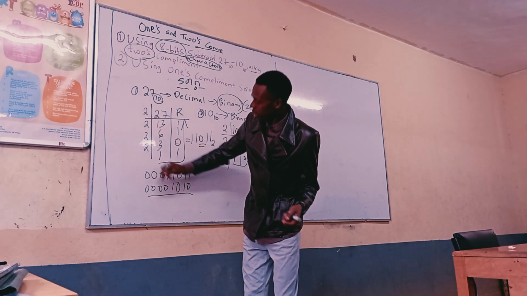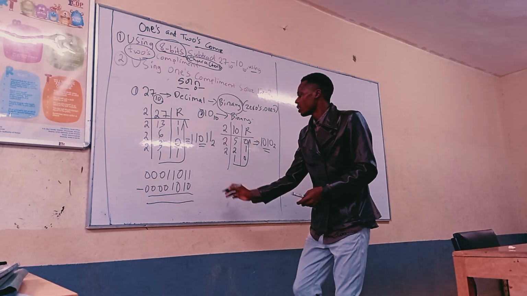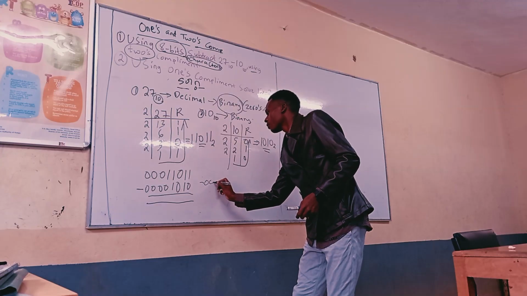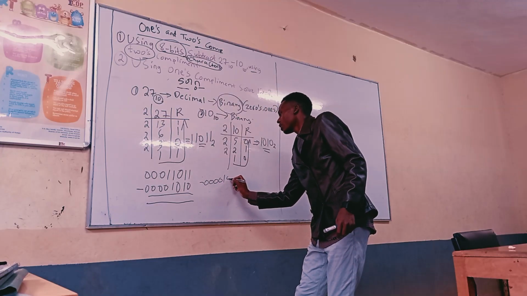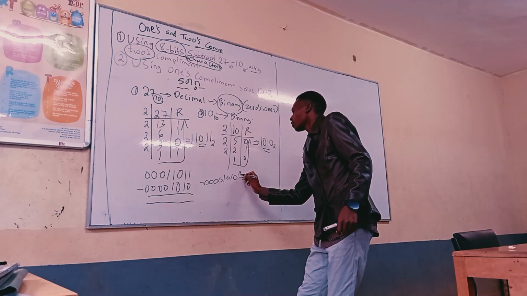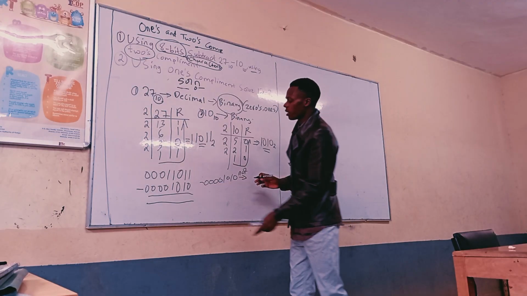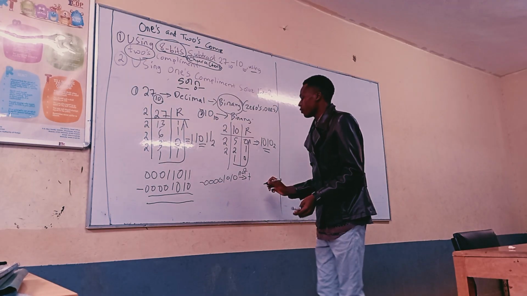So the 10 here has a negative. Remember the first step: we take the negative. After taking the negative, we do a NOT, so we do a complement for this one. If it is not a negative, it is a positive.